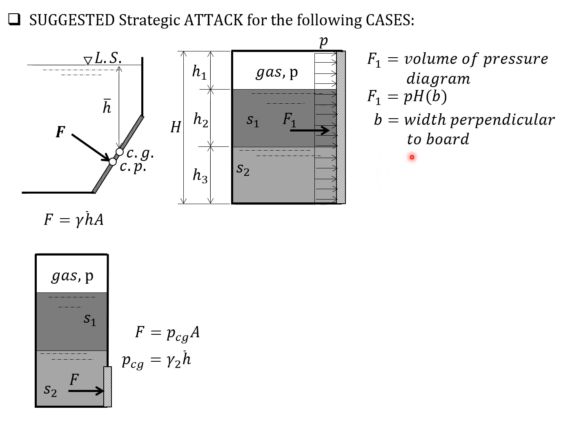So B is the width perpendicular to the board, and this is the pressure diagram due to the liquid. It is equal to P plus gamma of liquid 1 times H, and that is continued as a rectangle, so gamma 1 times H2.